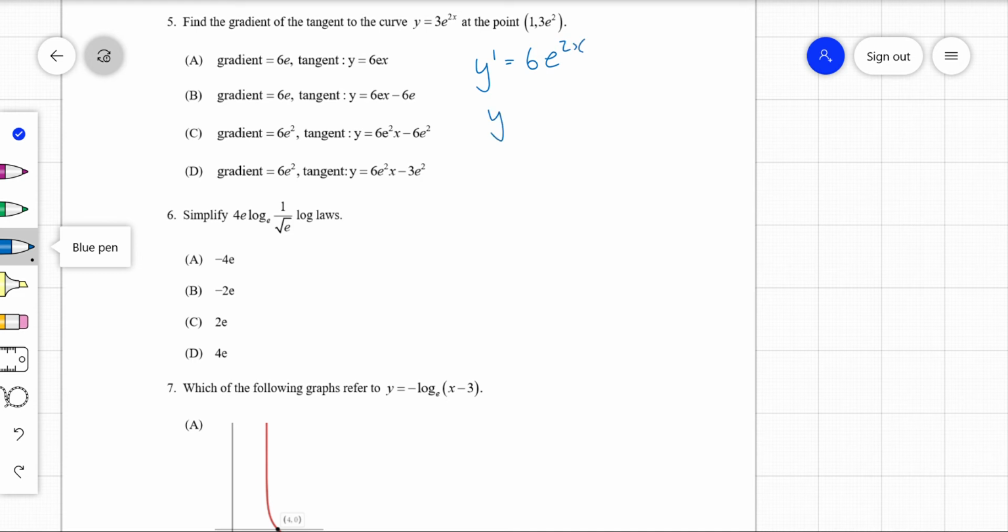So using y minus y1, so y minus 3e squared equals gradient, this is for the tangent, x minus x1, which is 1. So here we've got 6e to the 2x, x minus 6e to the 2x.